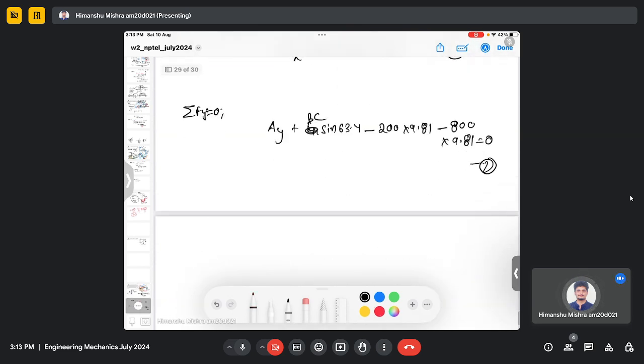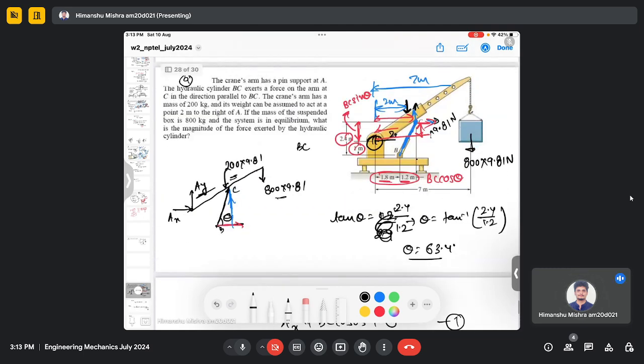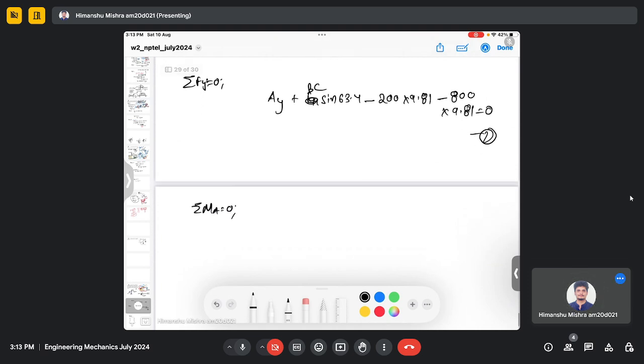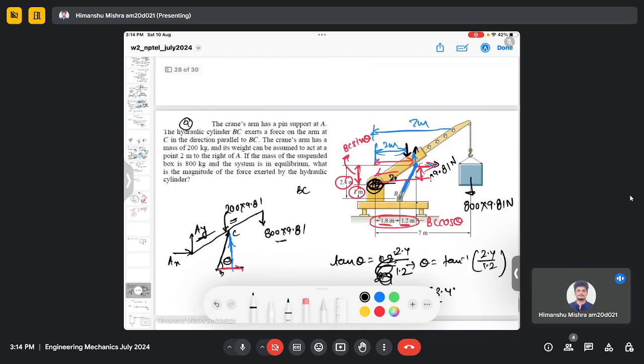So the moment equation will be the summation of moments at A, at this point. So it will be FH sine 63.4 multiplied by 3 and FH cos 63.4 multiplied by 1.4, and due to weights, this weight creates a perpendicular distance of 7 meters, and there is one more here, 200 multiplied by 9.81, which is 2 meters from point A, which is given in the question.